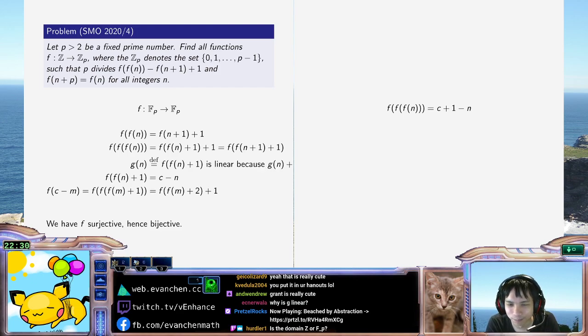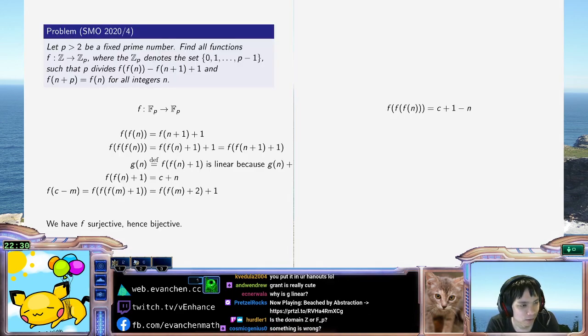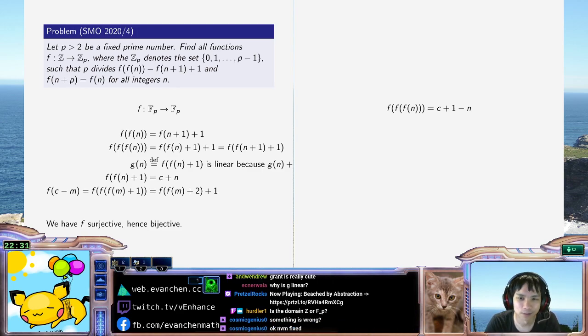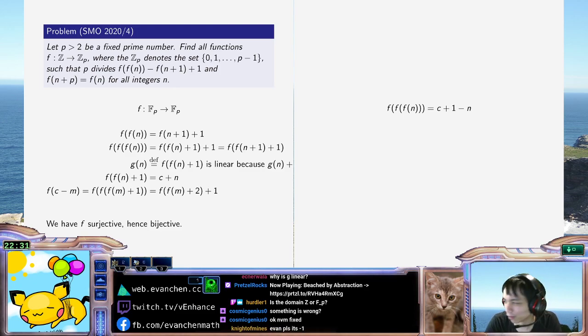Also, is it plus, isn't it? Why did I think it was minus? Is the domain C or Fp? We changed the domain to Fp. Okay, well, what did I do? What did I do wrong?